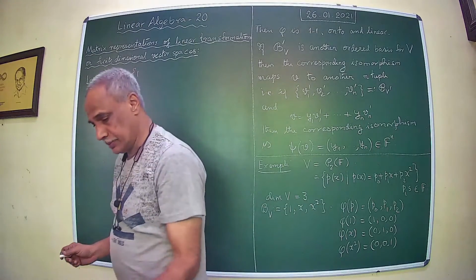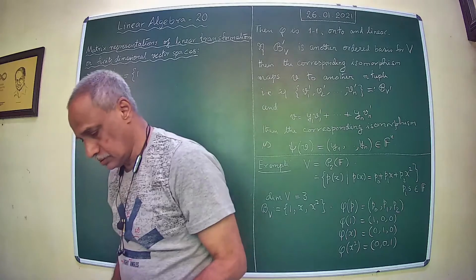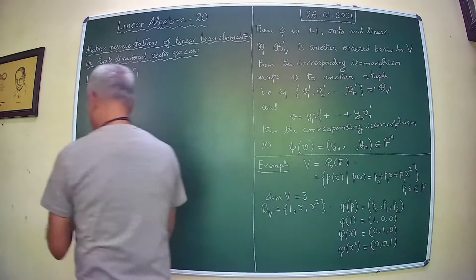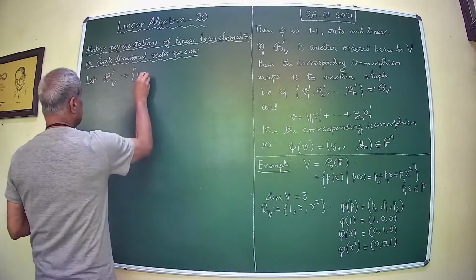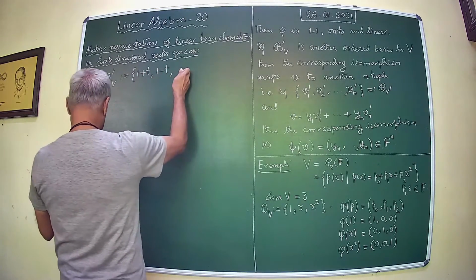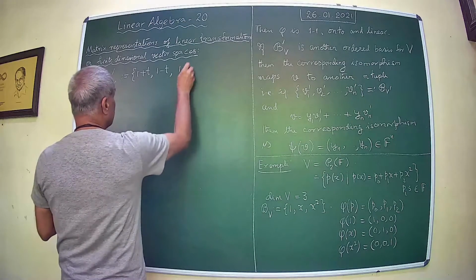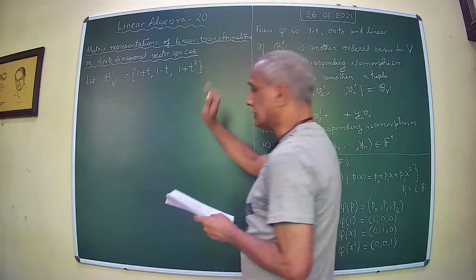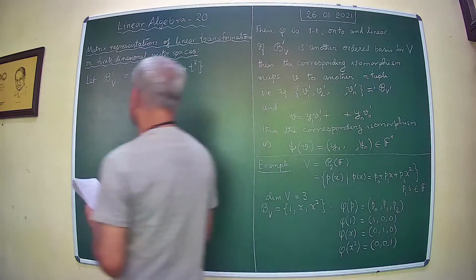I think I better look at this because the computations are involved. Now one checks easily that this is an ordered basis.